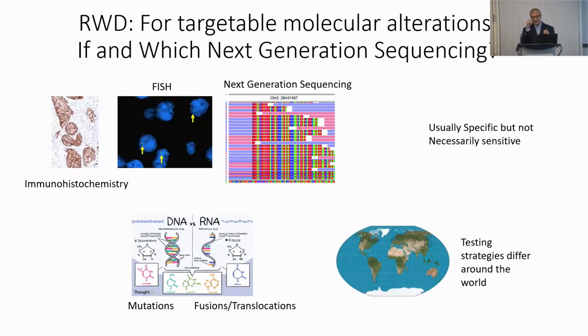And the other thing is that if you're looking at the molecular alteration, if you're dealing with fusions or translocations, they are best captured using RNA rather than DNA. Whereas point mutations, for instance, and deletions and insertions are easily caught using DNA.